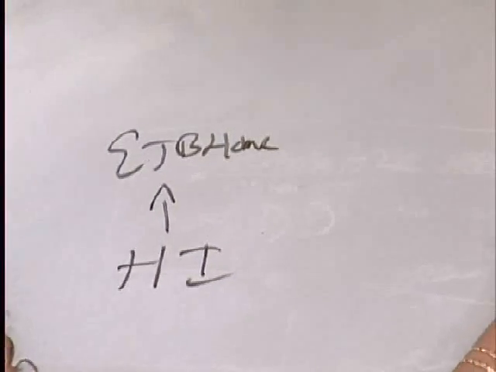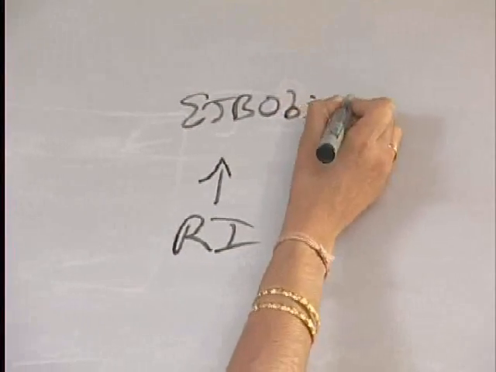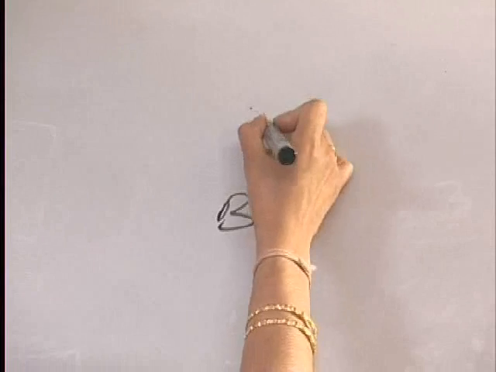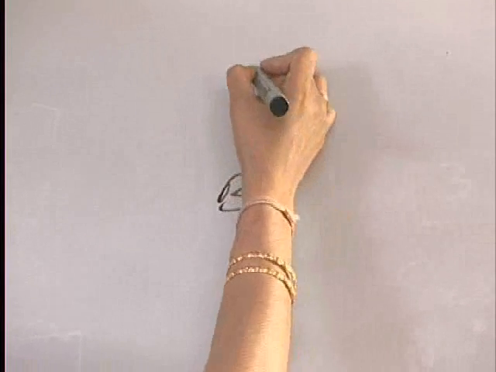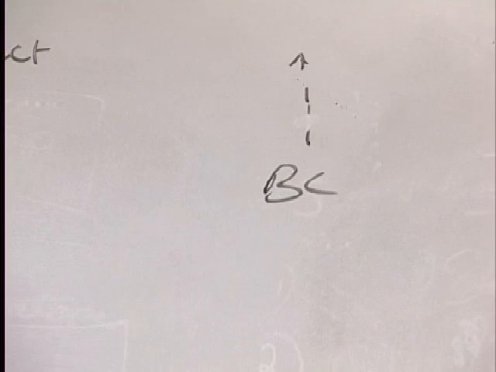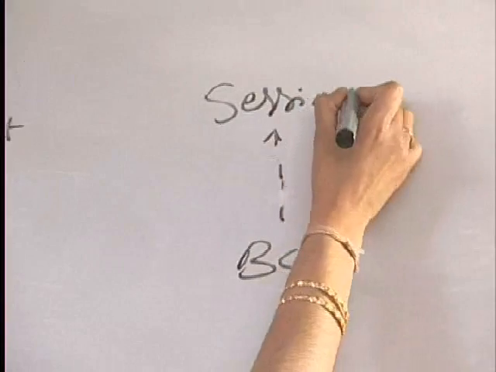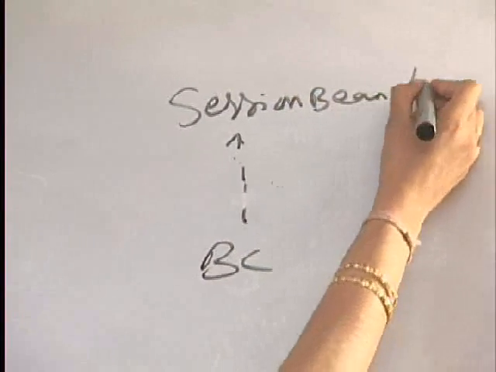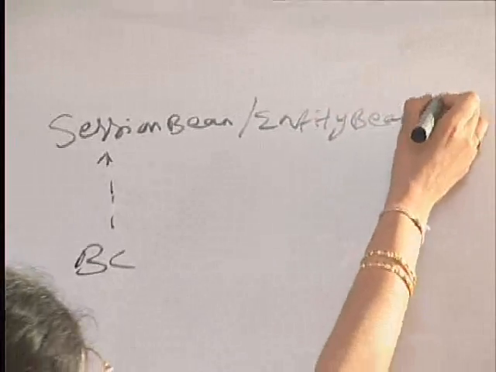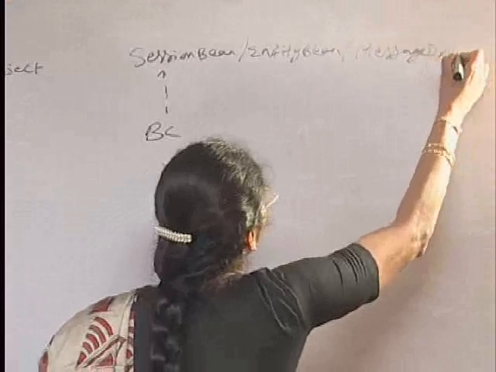The remote interface is derived from EJBObject, and the bean class implements, depending on the type of bean that you are writing, either a session bean, entity bean or a message driven bean.